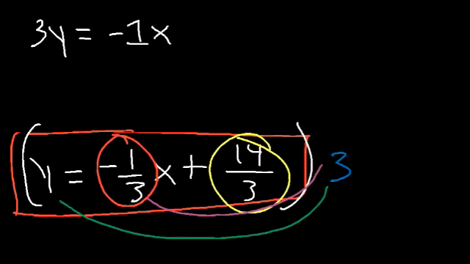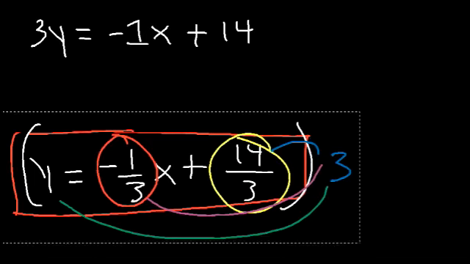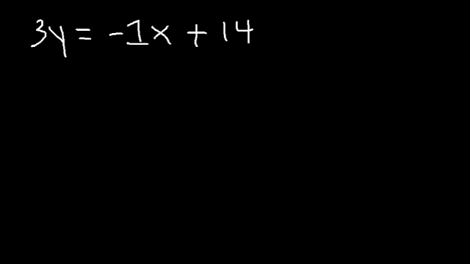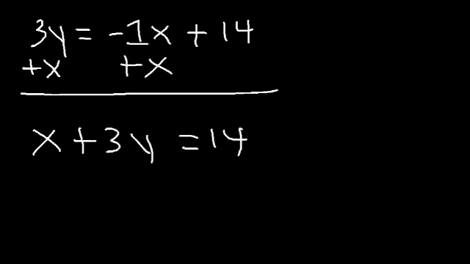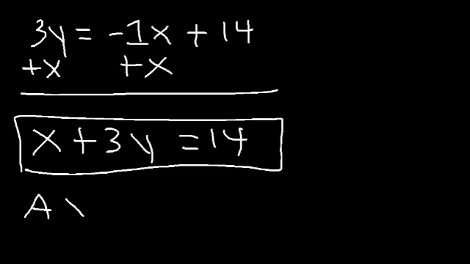And 3 times 14 over 3, the 3's cancel, so you just get 14. So now we need to move the x to the other side. So let's add x to both sides. So the equation in standard form is going to be x plus 3y is equal to 14. So now it's in ax plus by equals c form.